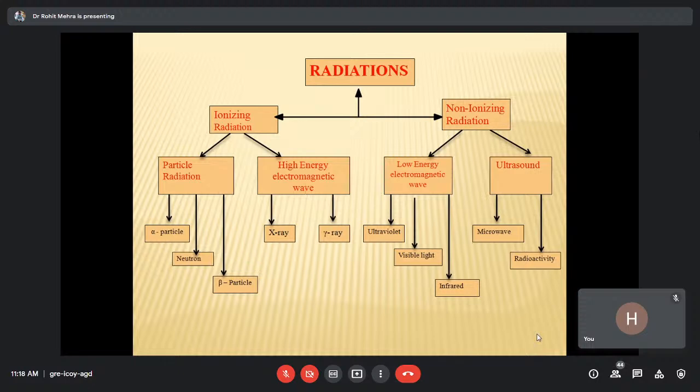So in our lab, especially at NIT Jalandhar, we are focusing only on the ionizing radiations. We are not working on the non-ionizing radiations, though they also have a very big effect on human beings, especially nowadays, where mobile phones are being used and a lot of towers are being installed.